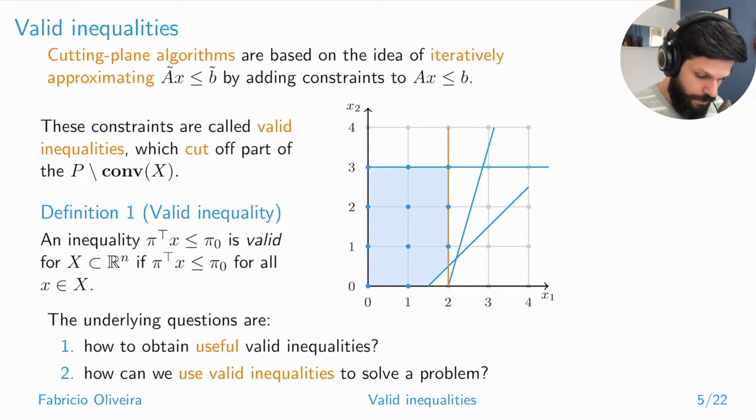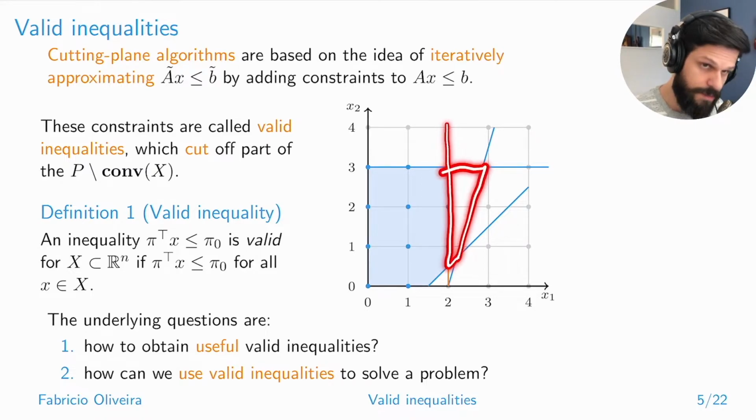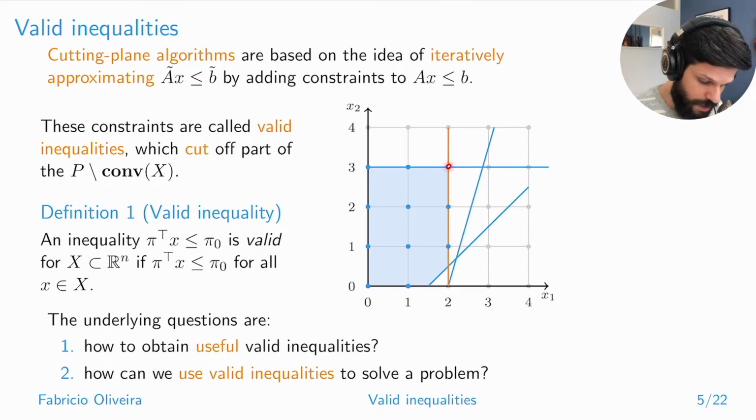That is, when you add, so you can see that here orange is a valid inequality because actually it's a really good valid inequality because it's cutting all that excess that was here, but it's not really cutting any feasible point.